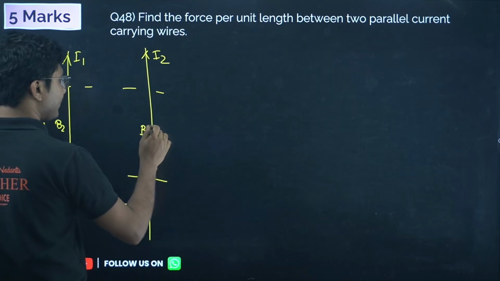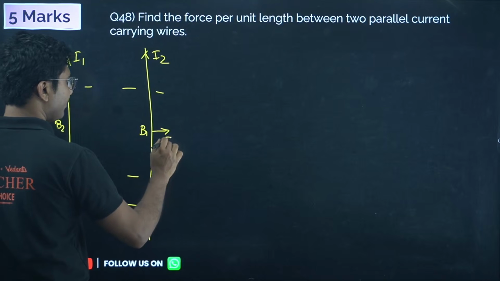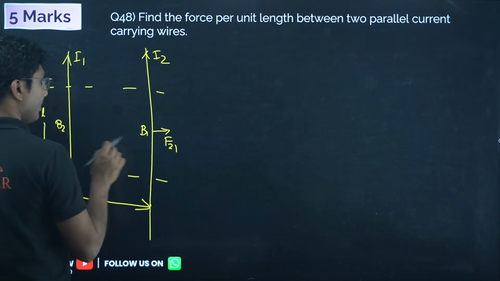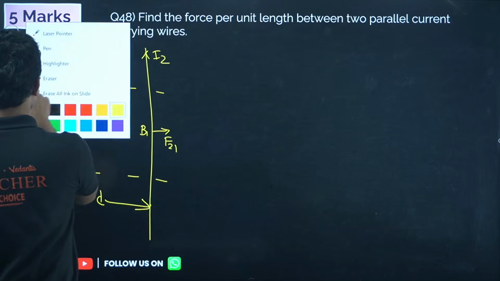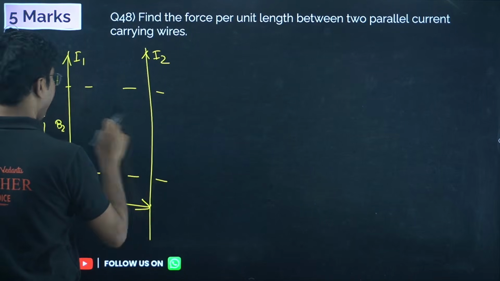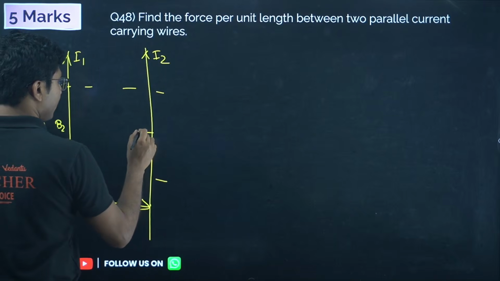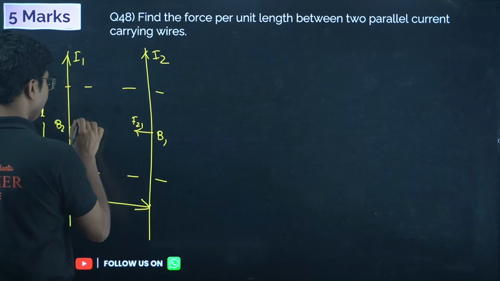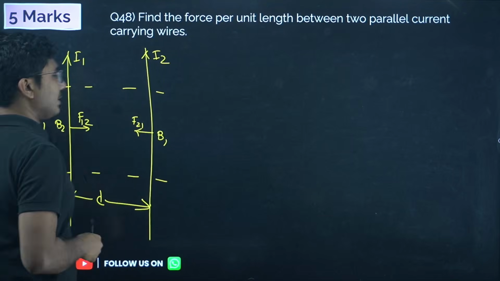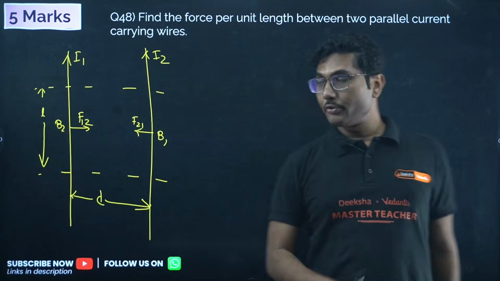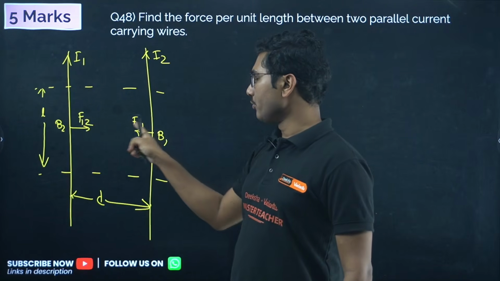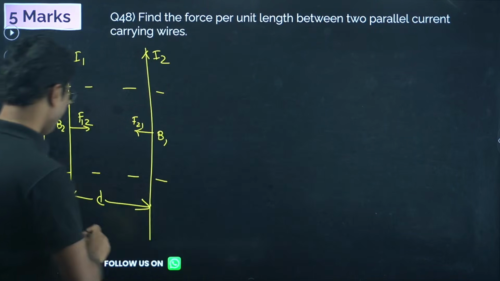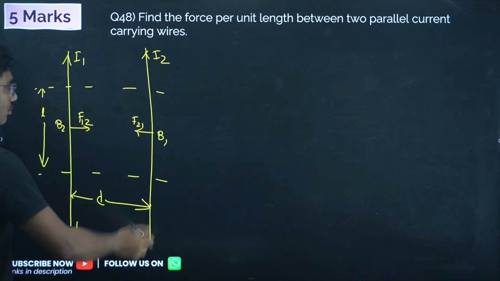So this will experience a force here, so force on 2 due to 1, and this will experience a force in this direction, so force on this say F21, and force on this will be F on 1 due to 2, F12. That is how it is being named, force acting on 1 due to 2, force acting on 2 due to 1. So this is our wire number 1, this is our wire number 2, both are carrying current in the same direction.